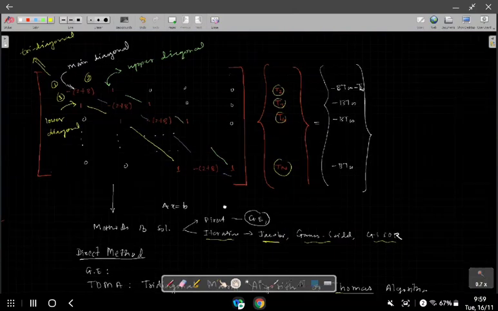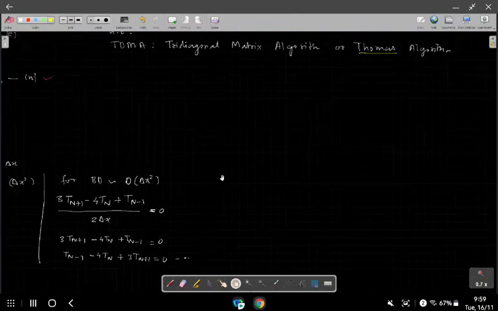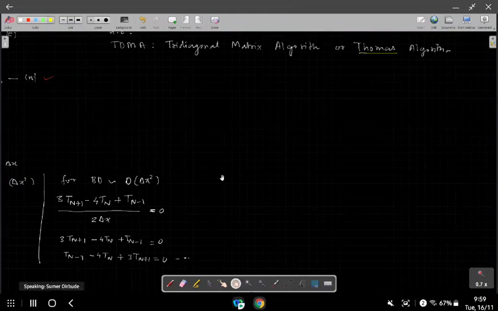Okay, let us look at the tridiagonal matrix algorithm. So we'll consider an example, and by that example, we'll try to get into this TDMA.